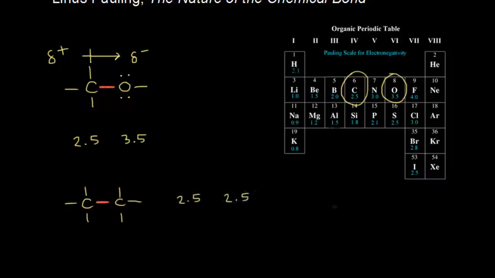That's a difference in electronegativity of 0, which means that the electrons in red aren't going to move towards one carbon or towards the other carbon. They're going to stay in the middle, shared between those two atoms. So this is a covalent bond, and there's no polarity created here, since there's no difference in electronegativity. So we call this a nonpolar covalent bond.